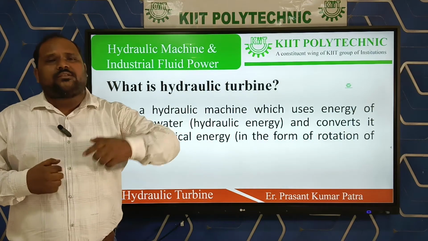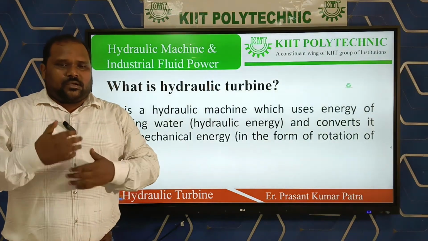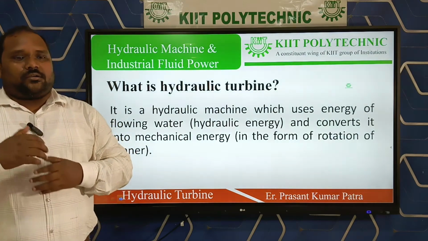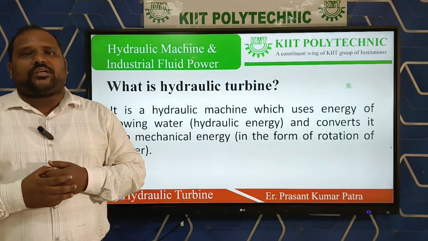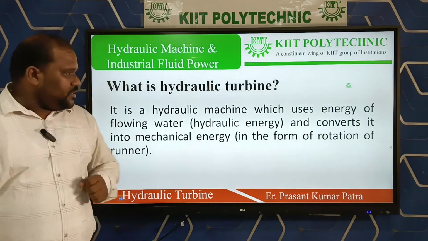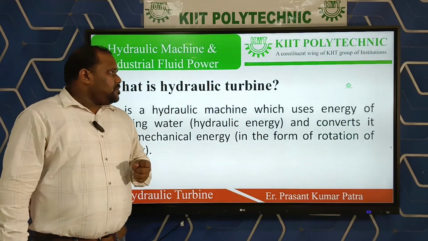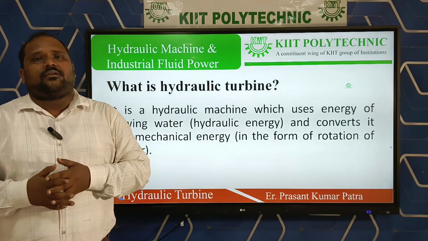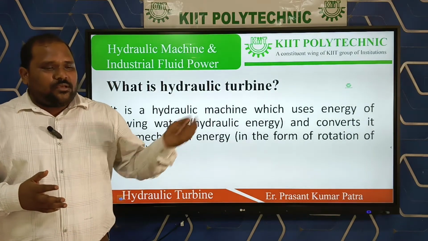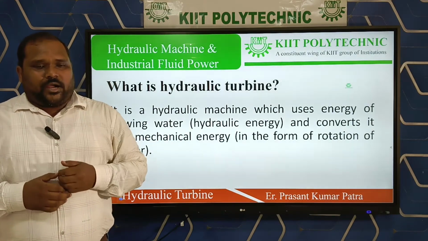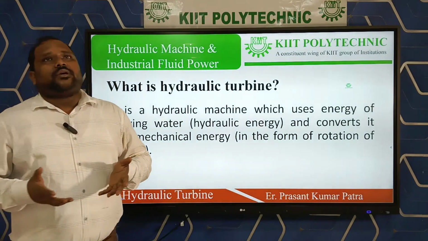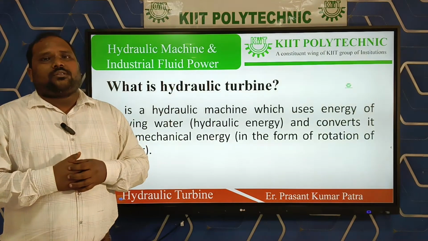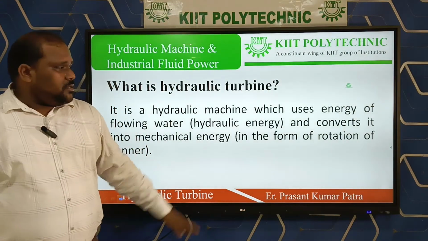When the water injects on the vanes, they rotate, and that rotation of the vanes results in the rotation of the runner. So this is the small definition where you can see how the energy conversion takes place in the hydraulic turbine. That is, the hydraulic energy, meaning the energy present in the flowing water, is converted into mechanical energy.